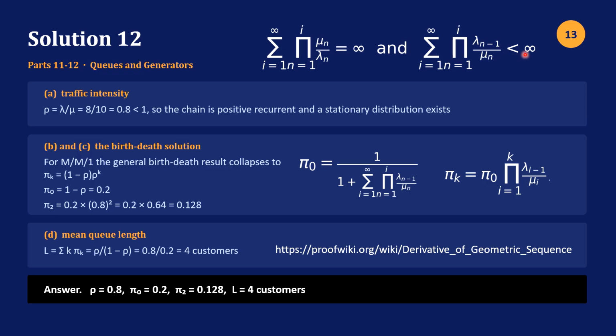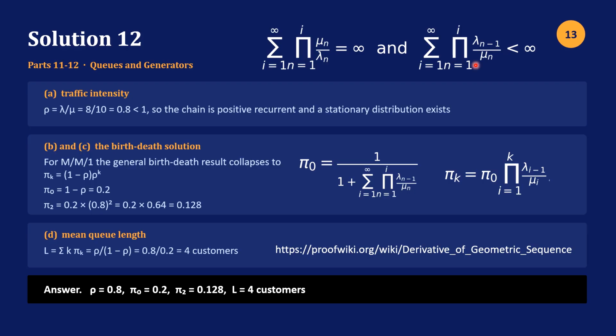This needs to be less than infinity. You notice now lambda is on top. So now you're just going to get, and it doesn't vary, right? Lambda and mu are the same for every value of n. So you're just going to get rho in here. And so the first term is rho, and then it's plus rho squared, plus rho cubed, and so forth.